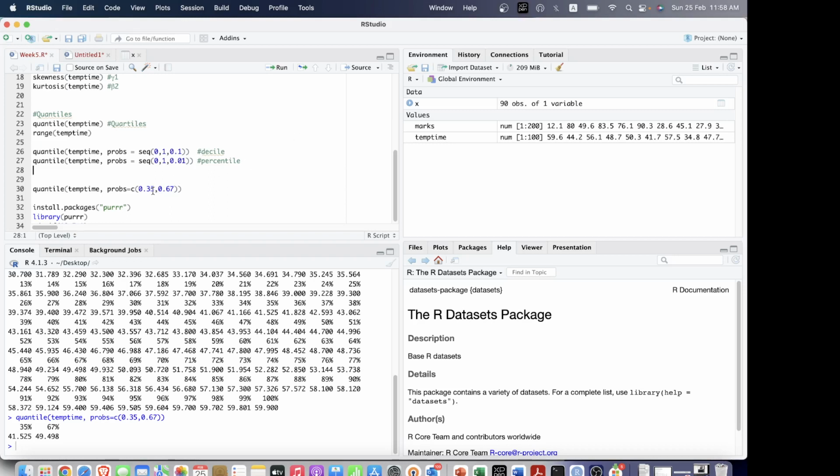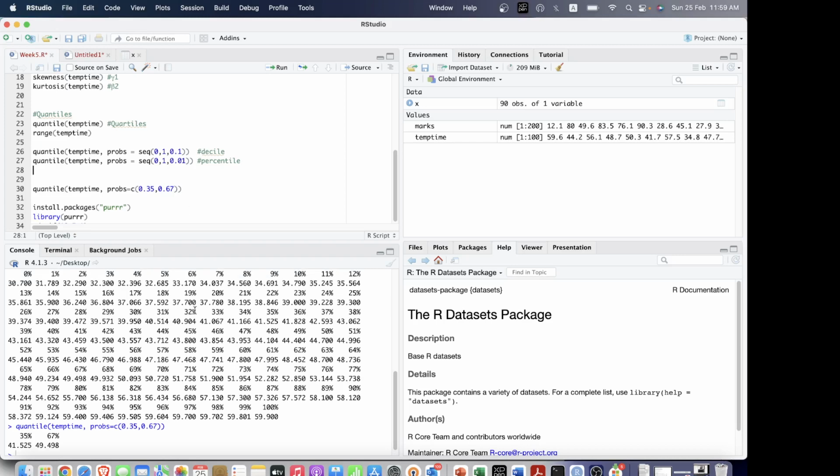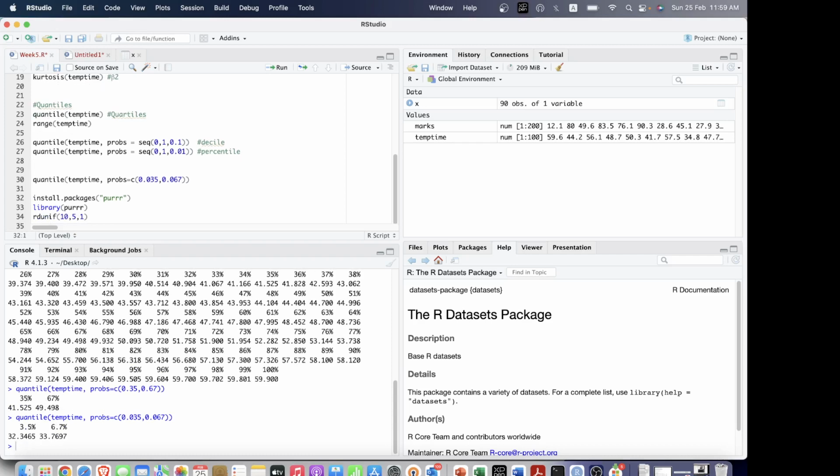Whatever you need, you can just specify the probabilities at which you need the data, and it will give you those specific points only. If I just give 0.035 and 0.067, I can get the point below which 3.5% of the data lies, and below which 6.7% of the data lies.